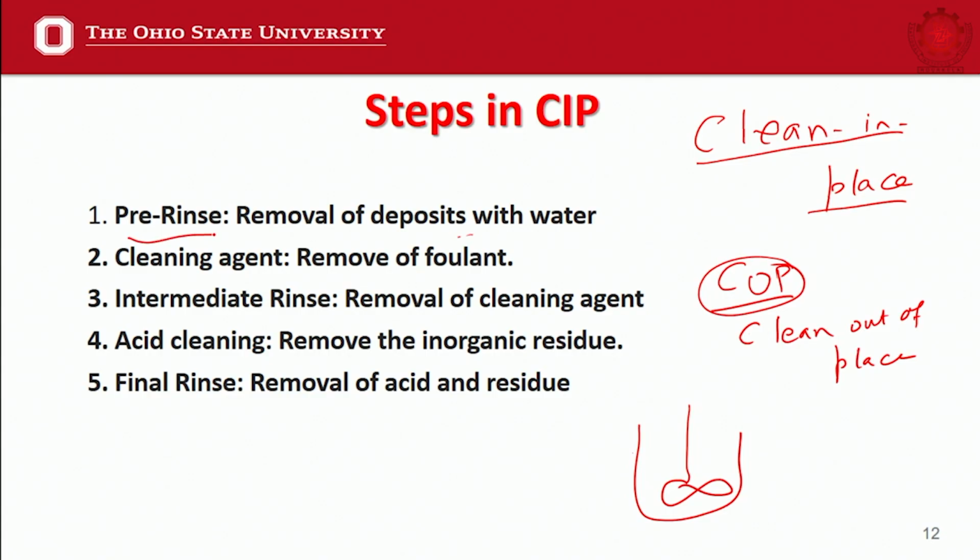It is called pre-rinse. This will do two things. One, anything readily dissolvable gets removed. The second thing is, in case you took some time off between processing and starting your cleaning cycle, anything dried out will be hydrated, so that it may be easier to remove in the subsequent step.